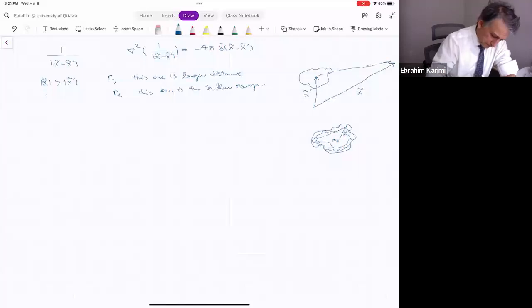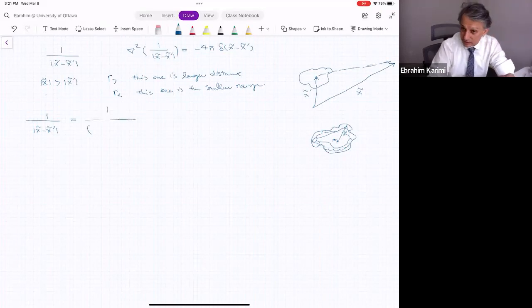Okay. So 1 divided by |x minus x prime|, indeed, that is given by 1 divided by the value of x, which is r to the power of 2, plus the value of x prime, which is r prime to the power of 2, right?